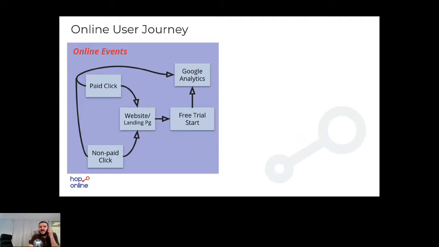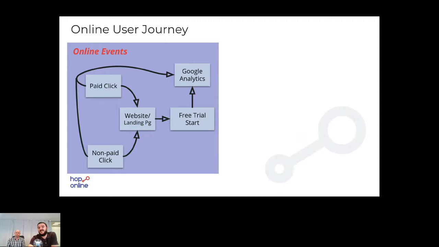what we usually get with just the default Google Analytics settings is just the user online journey. And this is what we've been talking about. You basically get the channels that bring the traffic to your website. You see people starting the free trial, and this goes to Google Analytics.